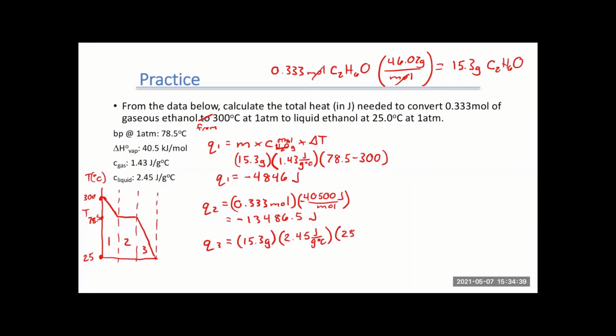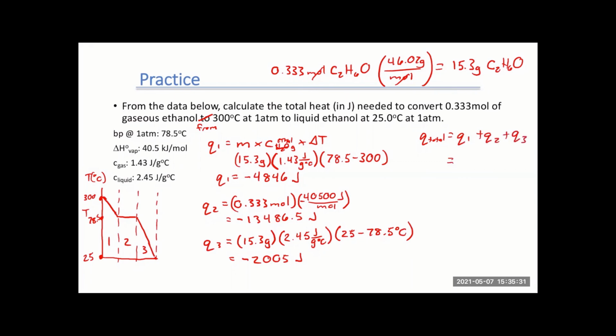So T final is 25, T initial is 78.5. Once I plug all that in, I end up with negative 2,005 joules.